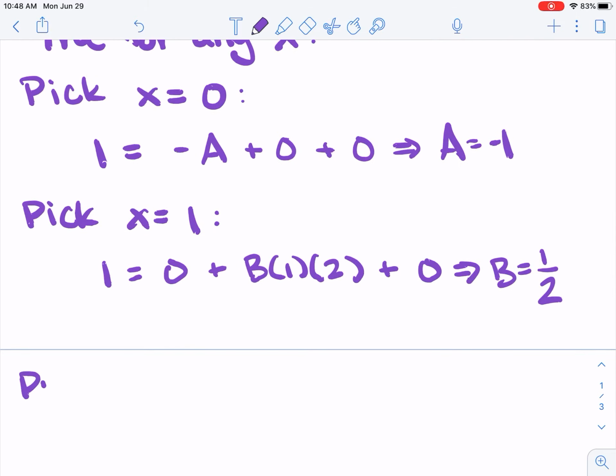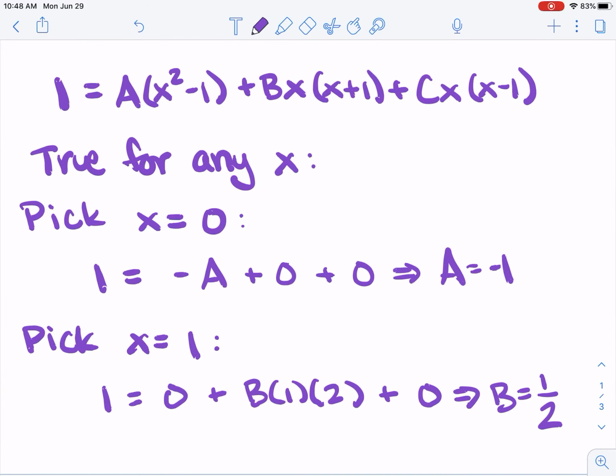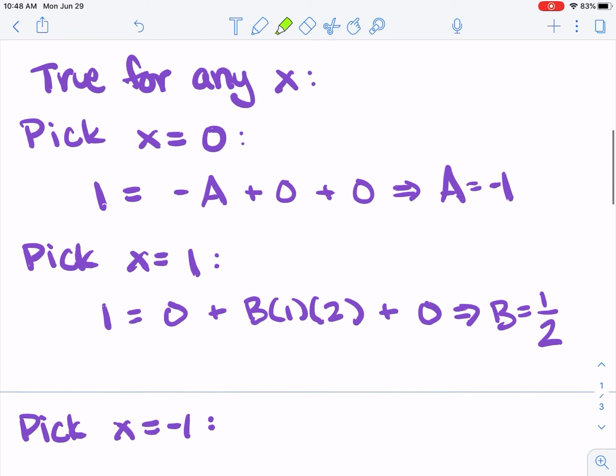And I can also pick x equals negative 1. If I pick x equals negative 1, looks like I'm going to get a 0 here and something else in the other places.